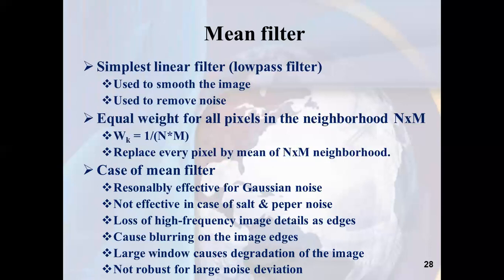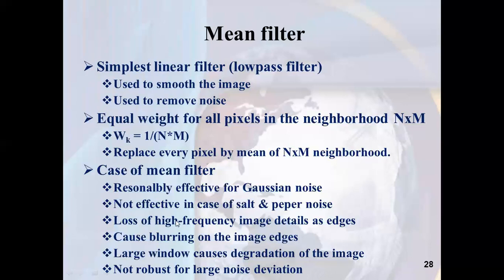Let's say we have نقطة بيضة بقلب منطقة سوداء. So when we add the low values of pixels with 255 and we divide by n times m, the size of the window, this white value will affect all the neighborhood pixels. So it's not effective for salt and pepper noise.